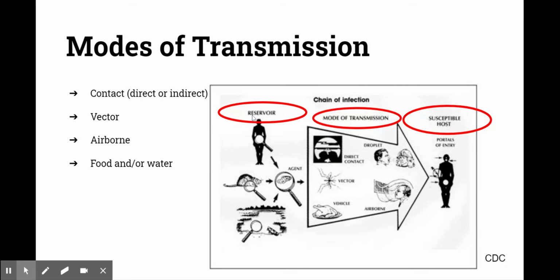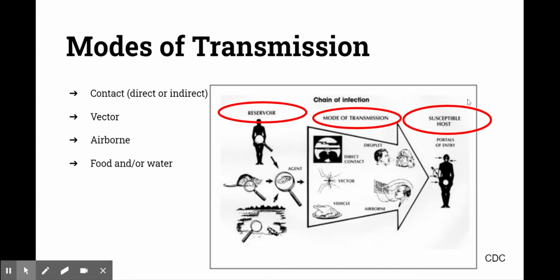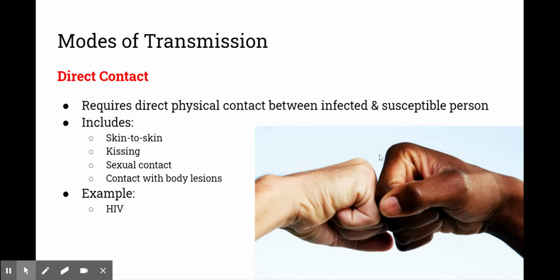So when the pathogen leaves the reservoir, whether it's a person or a pond or a bat, it gets to the susceptible host through one of these modes of transmission. Okay, and we're going to talk about a few here.